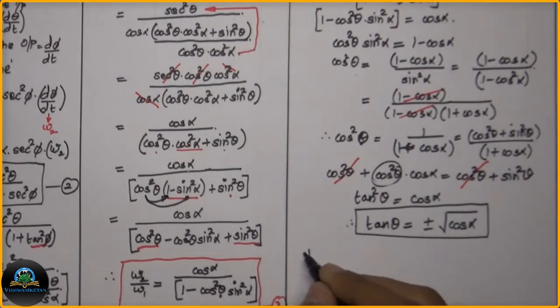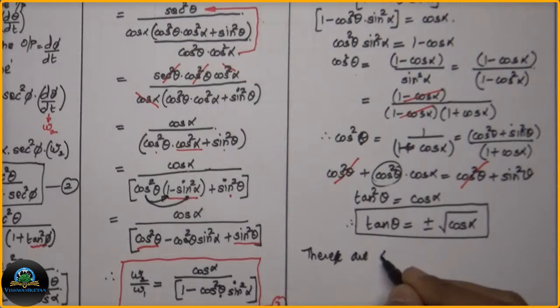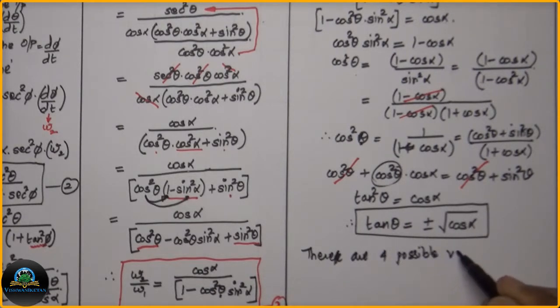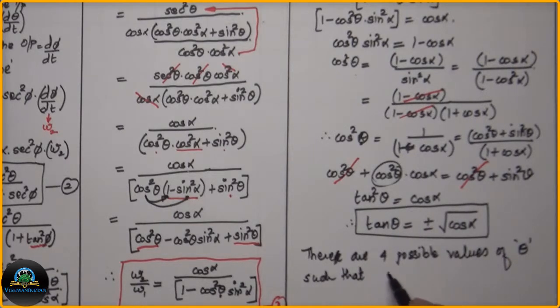So there are 4 possible values of input angle theta which satisfy this equation, such that angular velocity of the output shaft becomes equal to angular velocity of the input shaft. End of part 4.